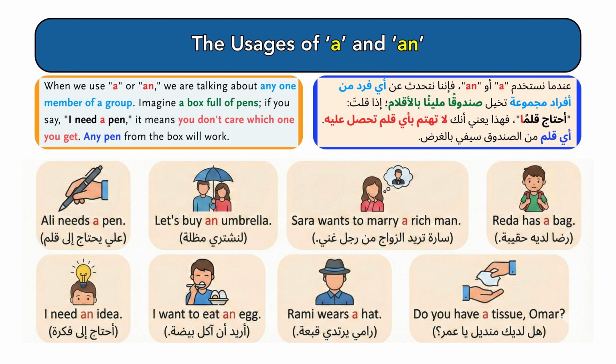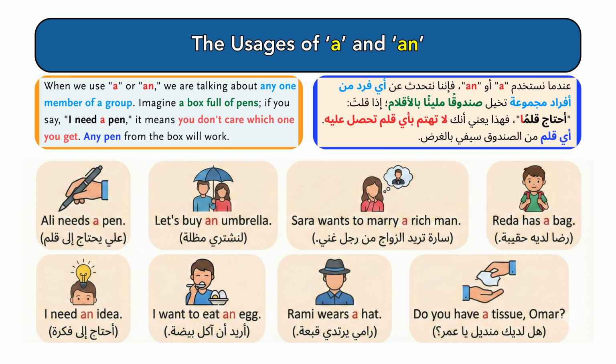Now that we know the grammar rules, let's talk about usage. When do we actually use these words in real life? First usage. When we use a or an, we are talking about any one member of a group. Imagine a box full of pens. If you say, "I need a pen," it means you don't care which one you get. Any pen from the box will work.